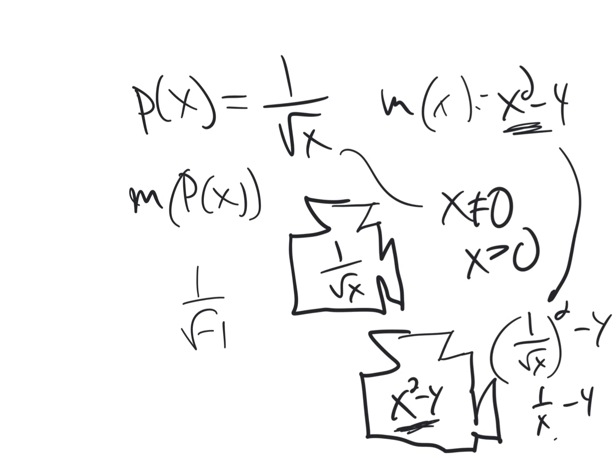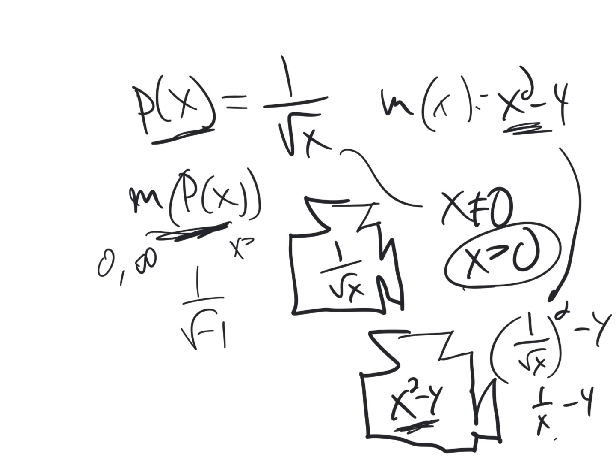But what we're losing in all this is that we can't take the square root of a negative number, so we lost the greater than 0 thinking. So the domain, to answer the question, the domain of m of p, this composite function, is the same as the domain of p of x in this case. So x has to be greater than 0, or 0 to infinity, open on both ends, right? For interval notation, we can say x is greater than 0 in interval or inequality notation.